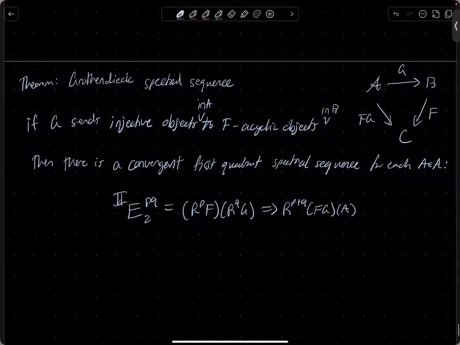Oh, and this should be an A here. Right. Good. So that's the result. There's actually a little bit more, but I'm not going to talk about that. You can see it in Weibel.